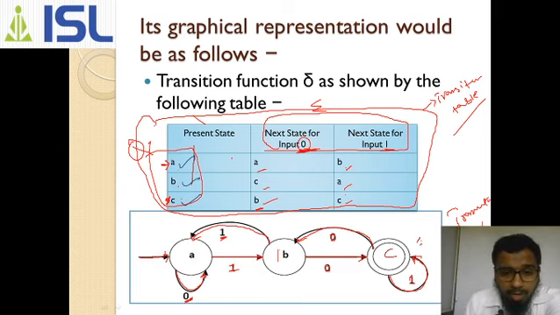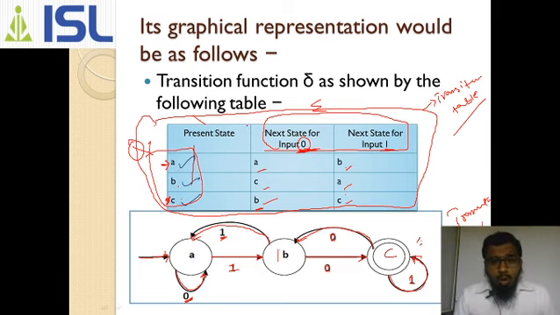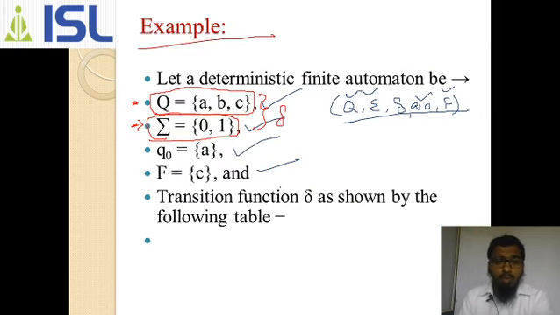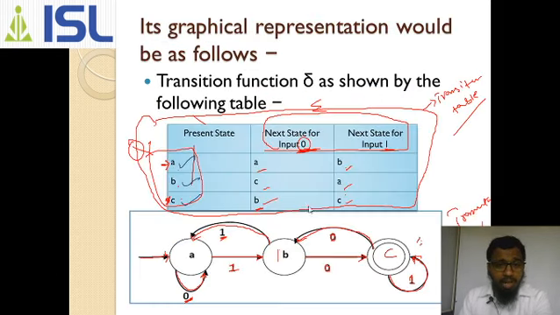Clear? Once again I will repeat this. Here we are performing the delta, in the delta, Q cross sigma.